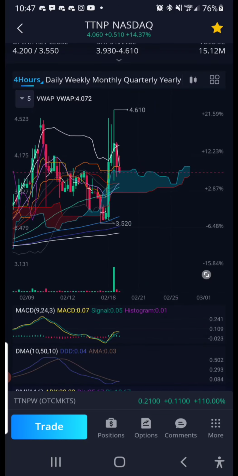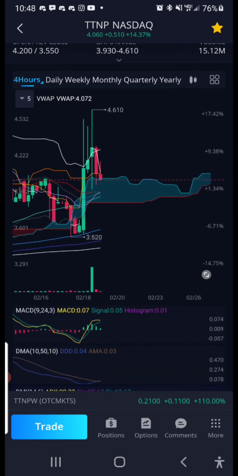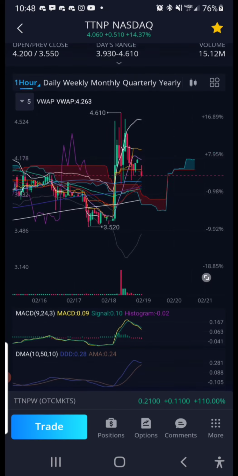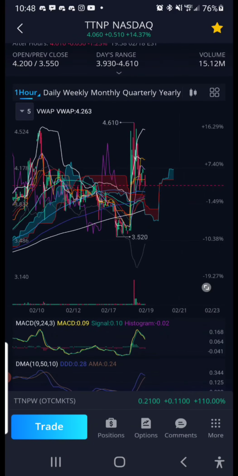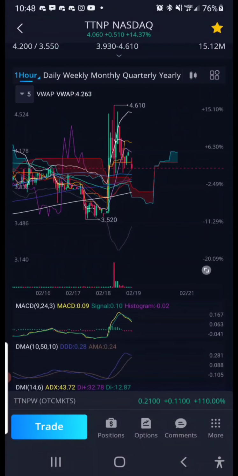So on the 4-hour chart, it's looking like a cross on the MACD. Let me check the hour. Yeah, we're definitely going to come down just a little bit before we can start taking off again.